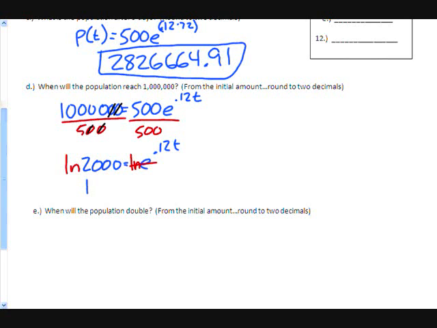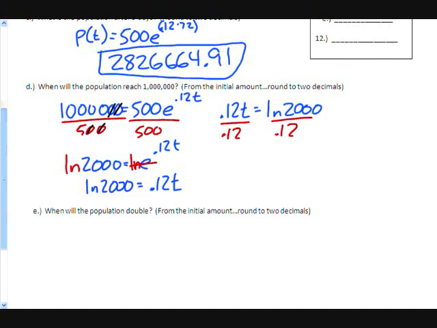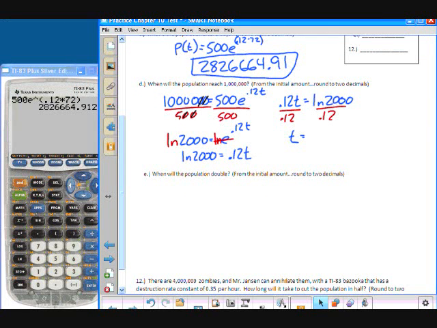So I'm just left with the natural log of 2,000 equals the 0.12 t. So now if I'm trying to solve this, 0.12 t equals the natural log of 2,000, I just have to divide each side by the 0.12. And notice that's just a 0.12 now. It doesn't have a logarithm at all. The only thing that has the logarithm is the natural log of the 2,000.